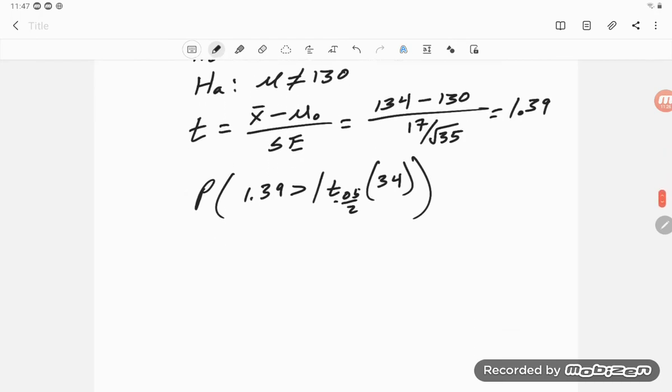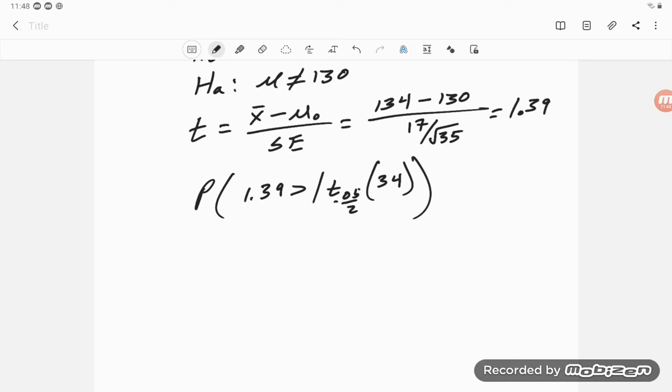And so, I would use something like Excel, and I'll have a video on that. I would use Excel to calculate that probability.